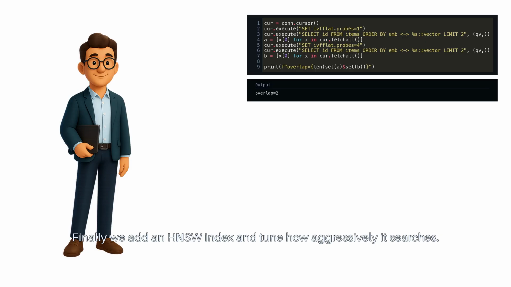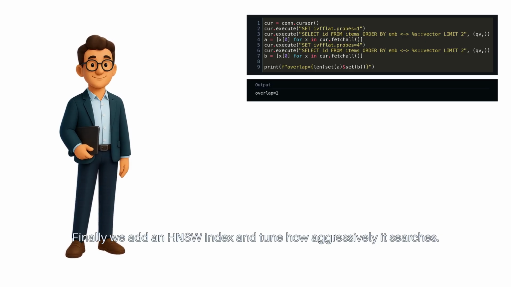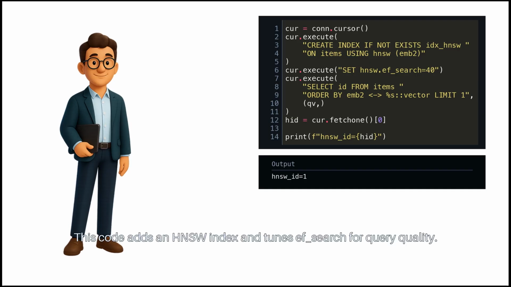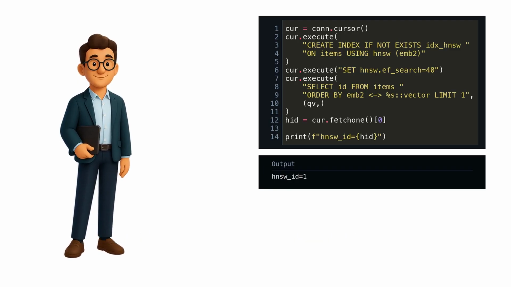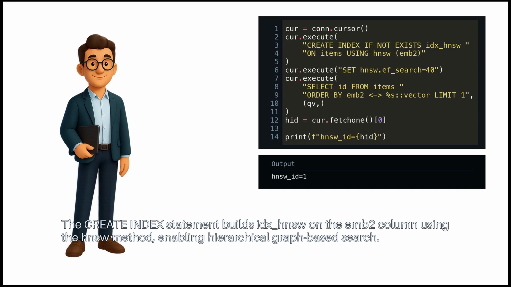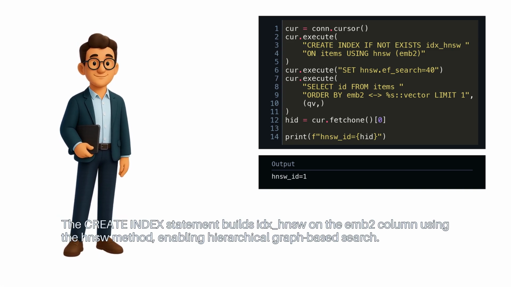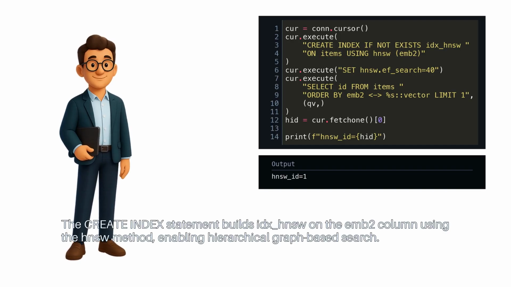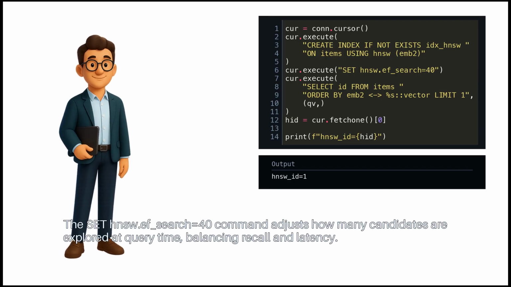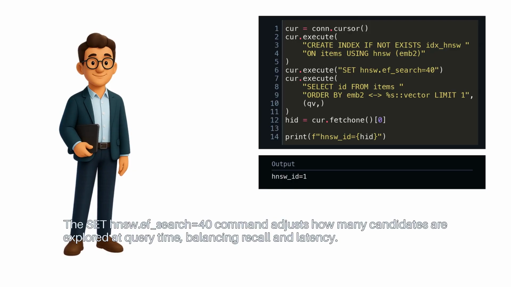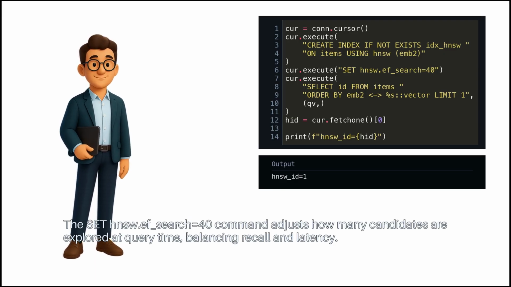Finally, we add an HNSW index and tune how aggressively it searches. This code adds an HNSW index and tunes ef_search for query quality. The CREATE INDEX statement builds idx_hnsw on the m2 column using the HNSW method, enabling hierarchical graph-based search. The SET hnsw.ef_search = 40 adjusts how many candidates are explored at query time, balancing recall and latency.